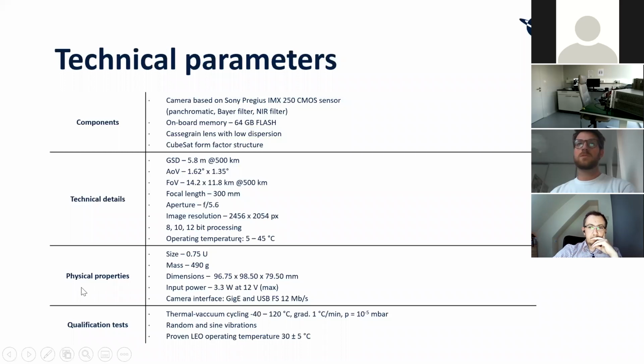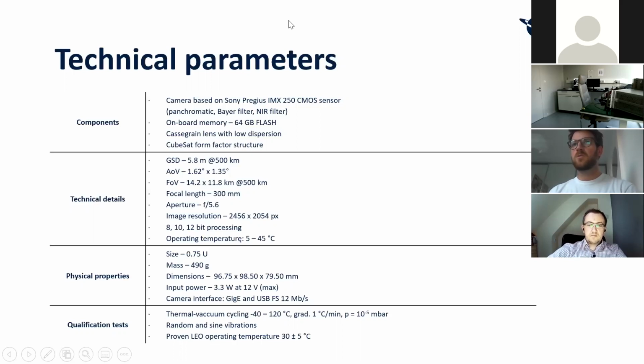What's the most interesting here is that the whole payload is basically a CubeSat form factor structure. The technical parameters of the output imagery are a GSD of 5.8 meters at 500 kilometers.